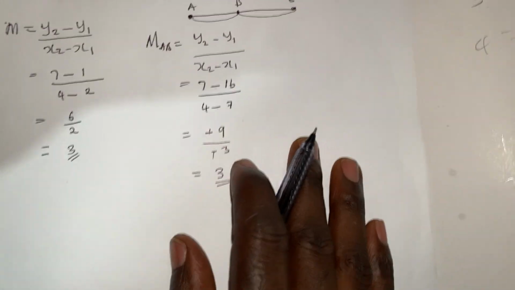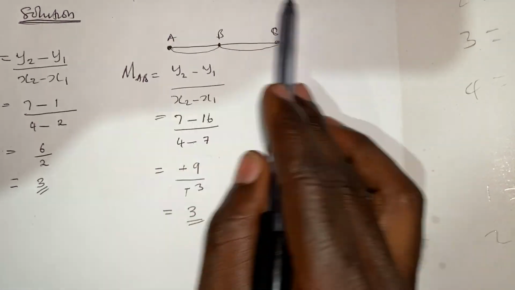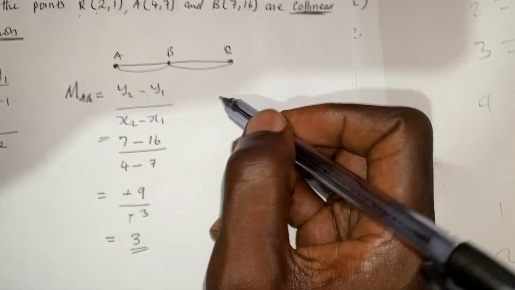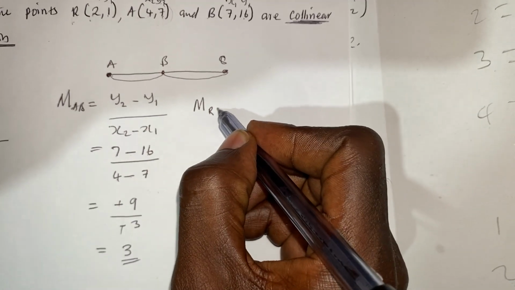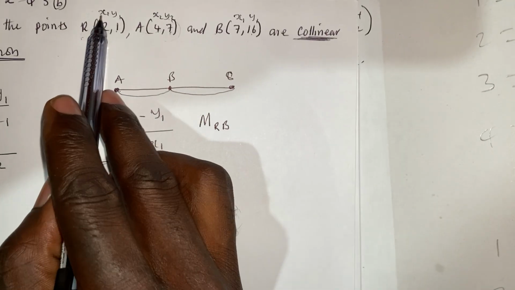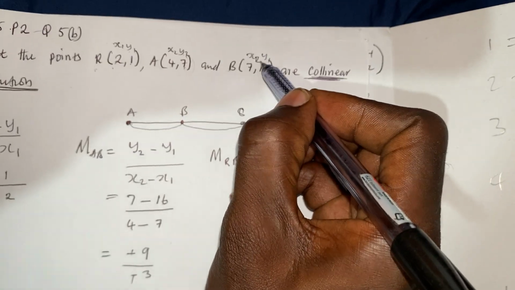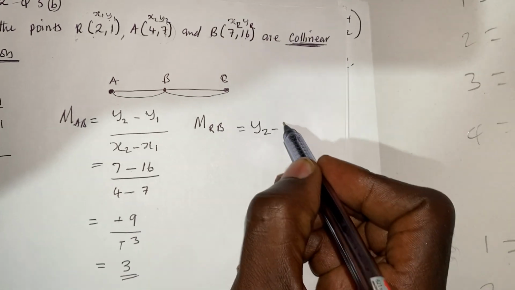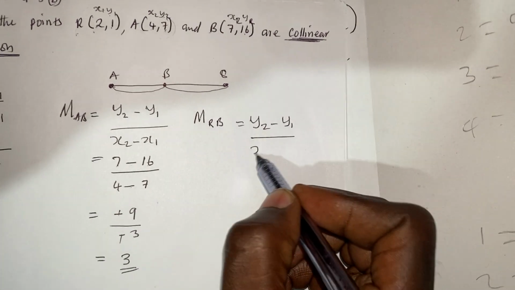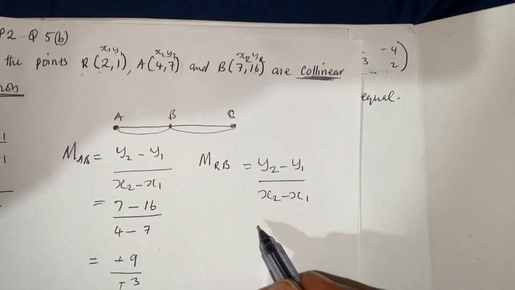Now, for us to be sure, let's also try to take this point and this point, because they are also on the same line. So now, let's go ahead and find the gradient of RB. So now, let's call this one x1, y1 as it is, then this one x2, y2. So meaning we have y2 minus y1 over x2 minus x1. So we go ahead and substitute.